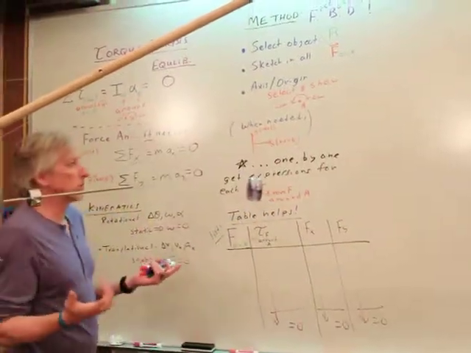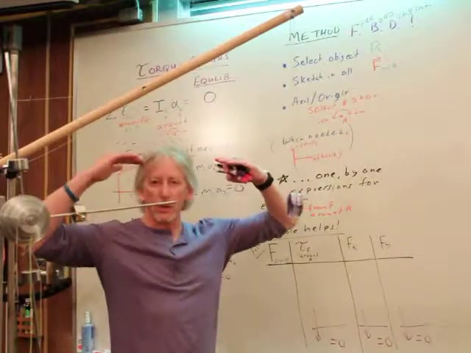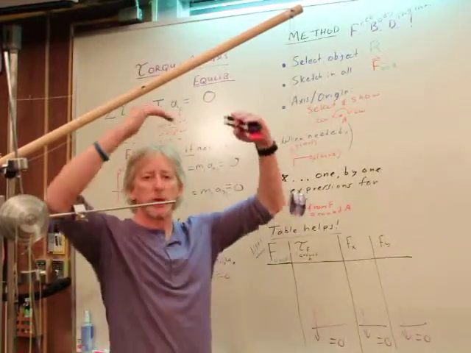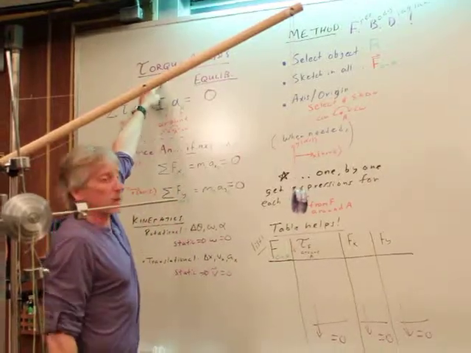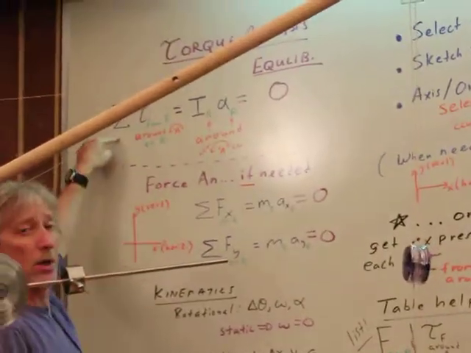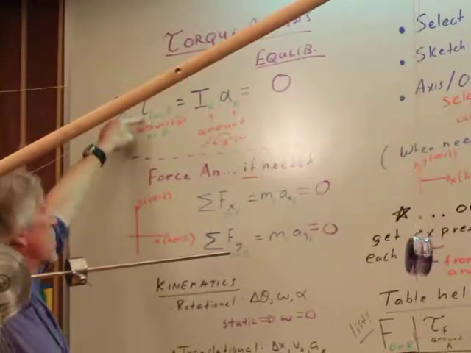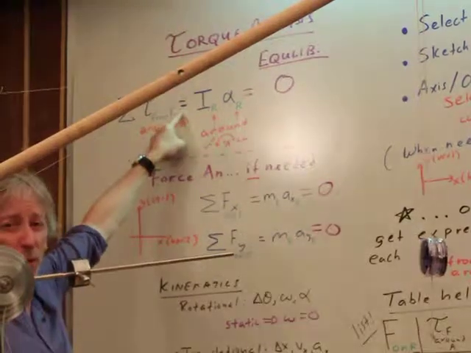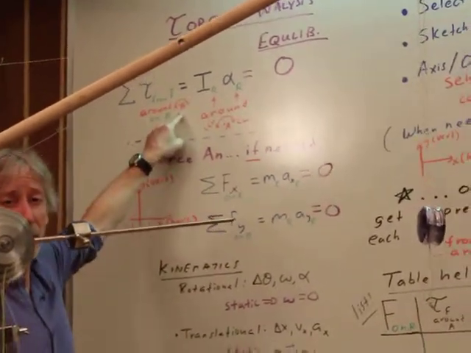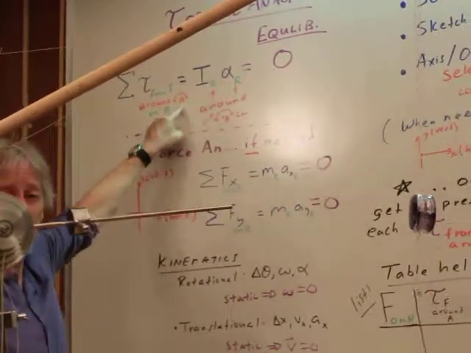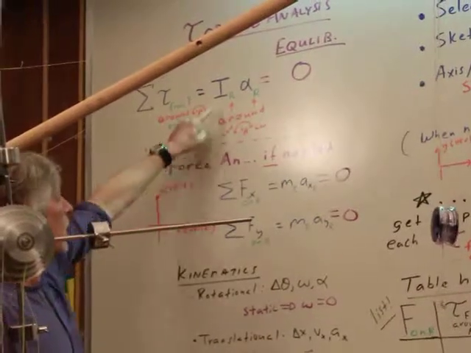So the method, just have a clear method. Start from the beginning. If you know you're going to do the method, lay out the general method, then get specific. General to specific. So the general setup for torque analysis is that you sum up the torque from each force around some chosen axis, axis of rotation, origin, however you want to call it, on the object that you're looking at.